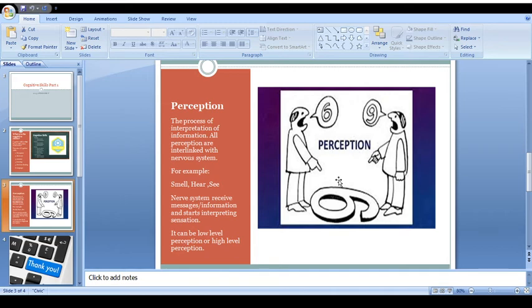This helps to move from a low level to a high level. I'll be giving you some historical perspective about perception. As I mentioned, perception is an interpretation of sensory information in order to represent and understand the presented information about the environment, the class, the occasion, about everything.